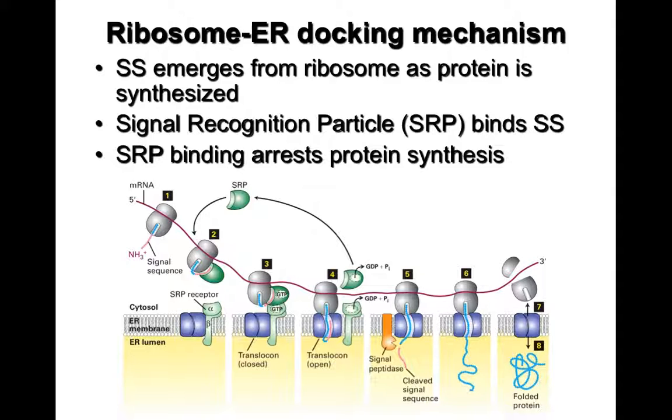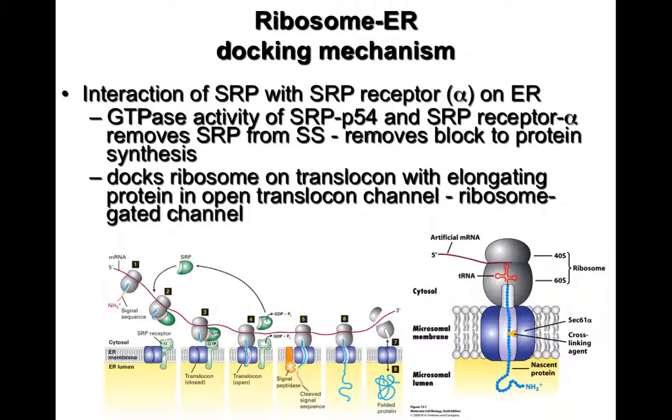And the reason for that is that in step 3, the signal recognition particle is going to guide the ribosome and the messenger RNA to the endoplasmic reticulum membrane.